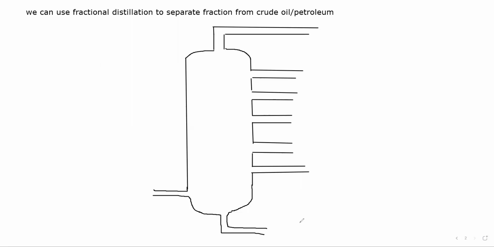This is a fractionating column which we use to separate the fractions from the crude oil. So first, what enters the fractionating column is heated crude oil.